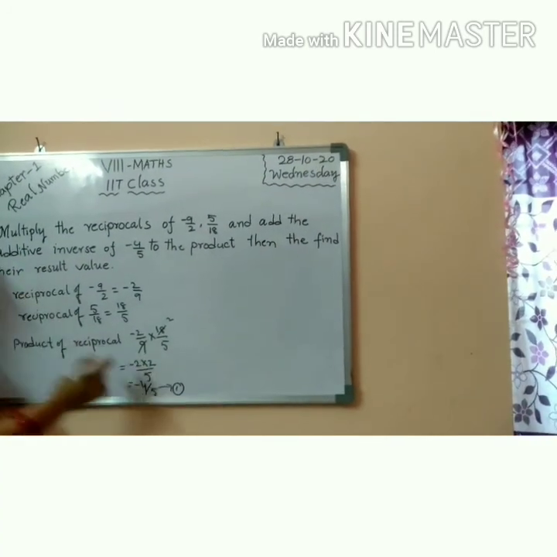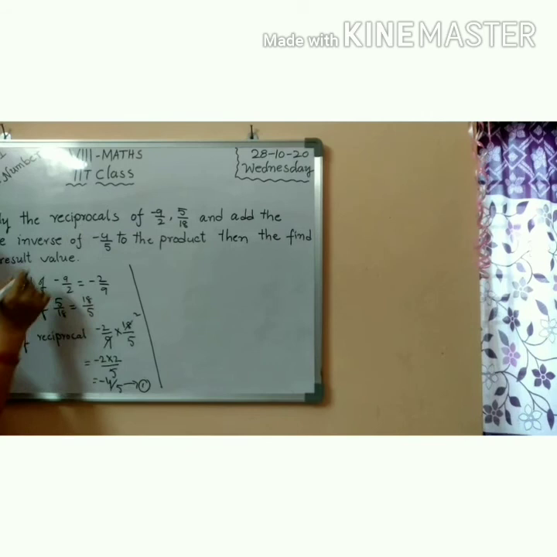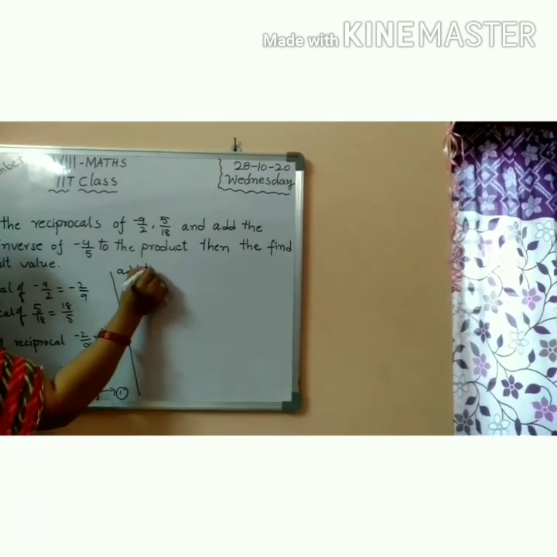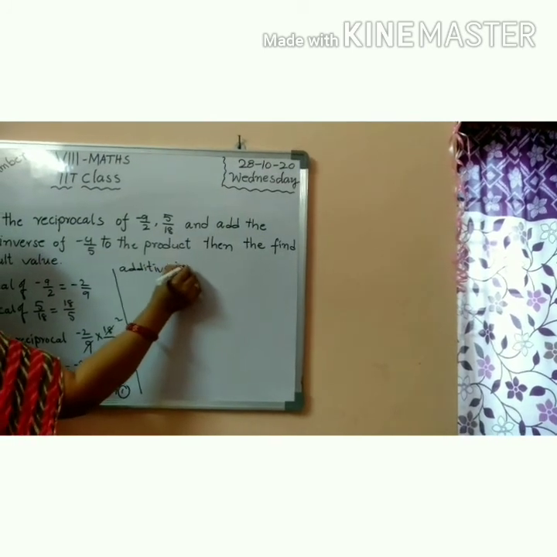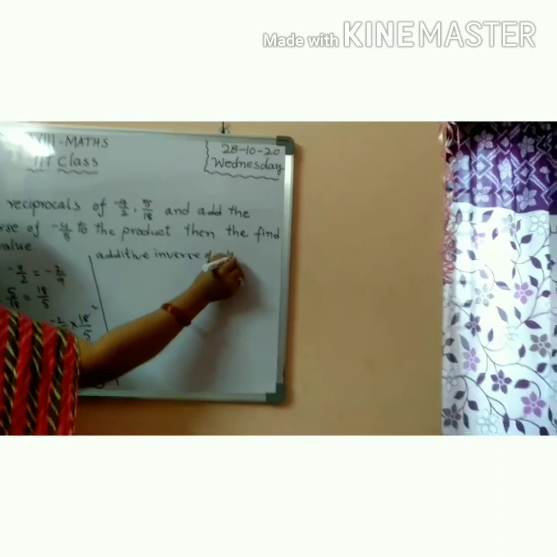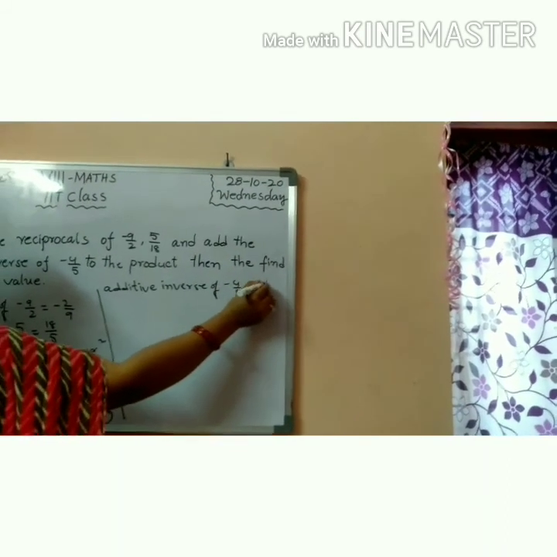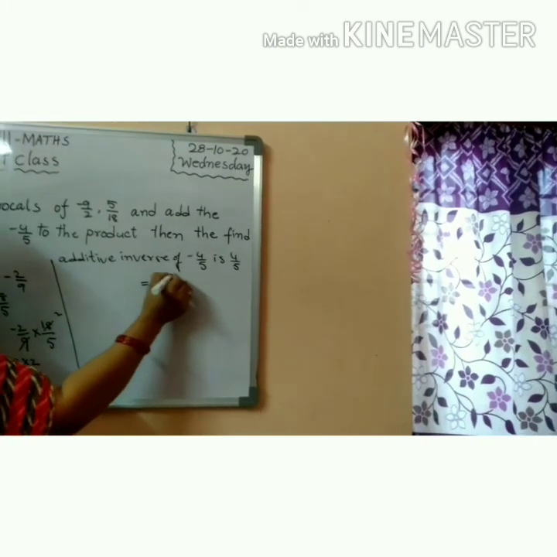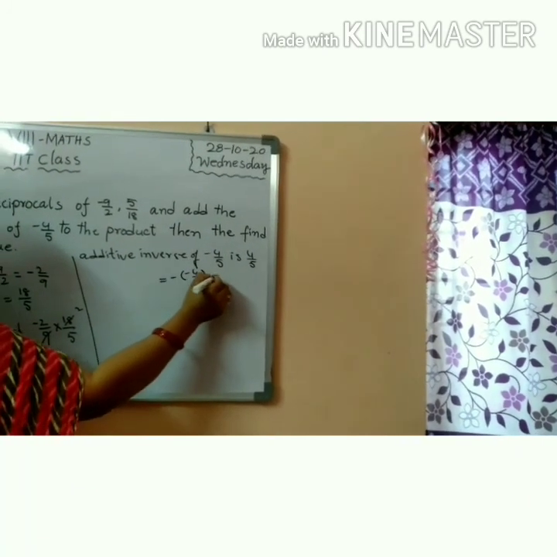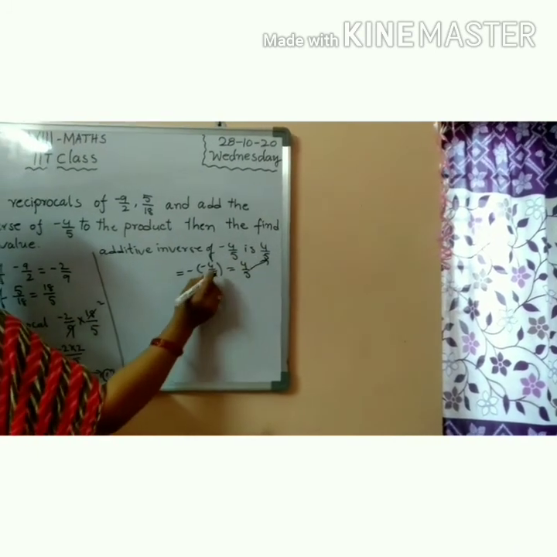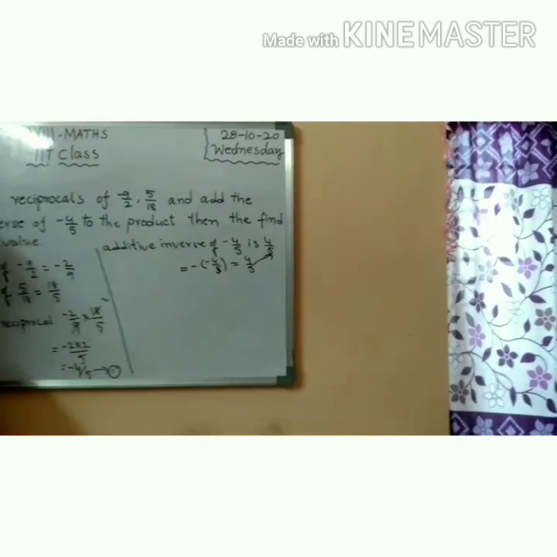Okay. What is the next one? The additive inverse of minus 4 by 5 is 4 by 5. Did you understand? It means minus of minus 4 by 5 equal to 4 by 5. It is only the clarification. Okay.